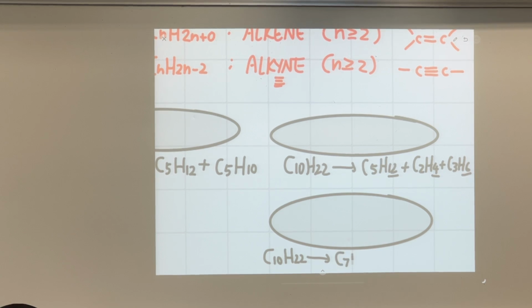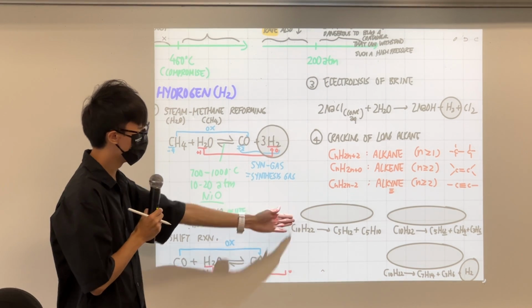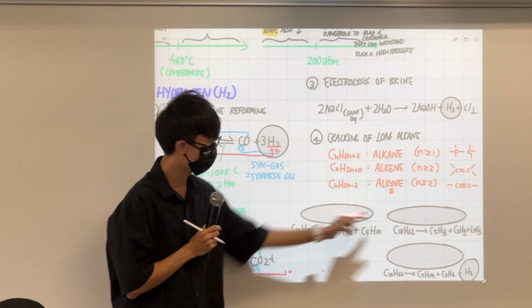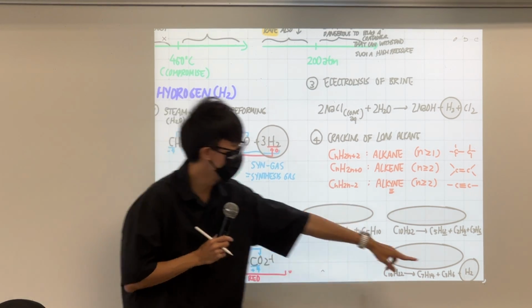So C7H14 and C3H6. These are alkenes. To make the math check out, you need hydrogen. If you don't add hydrogen here, 14 plus 6 doesn't add up to 22. So can you circle the hydrogen again? Because when you do cracking, you cannot control how the molecule breaks. So when you crack the same molecule, you will end up getting a mixture of many products, one of which is hydrogen.